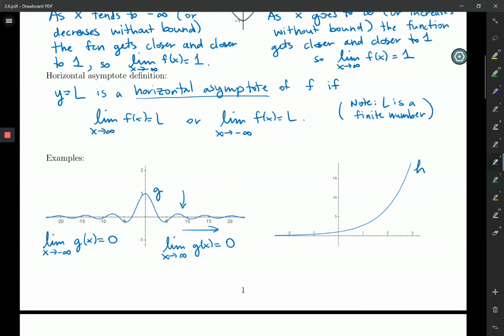Or maybe I should first say, the horizontal asymptote will be y equals 0, right? We got that both of those limits were equal to 0, so we have a horizontal asymptote at 0. And it's okay for the function to cross the horizontal asymptote.